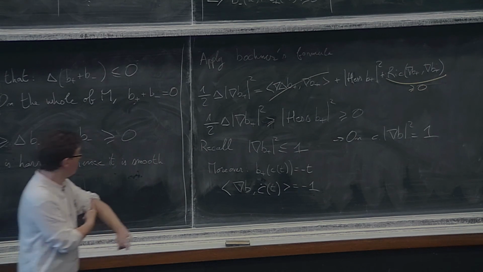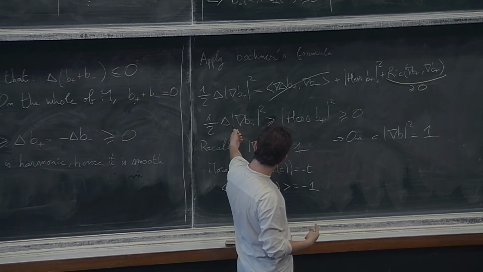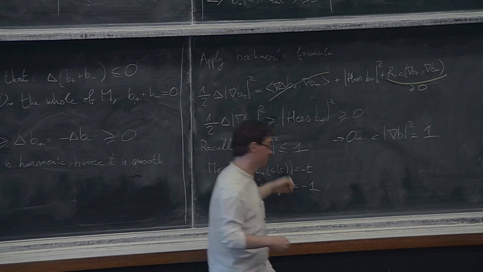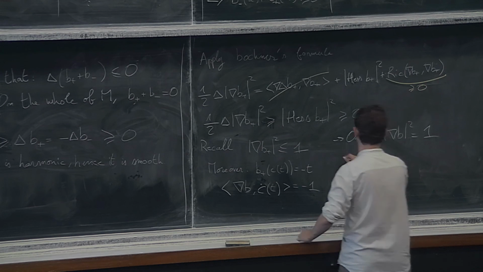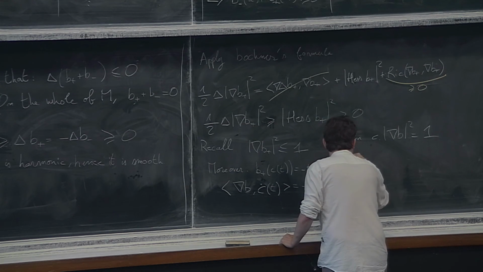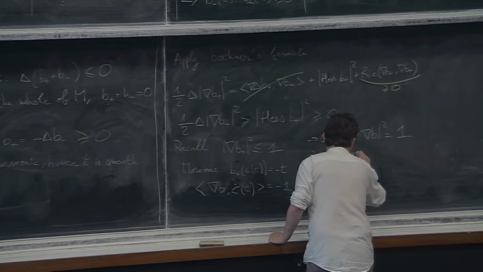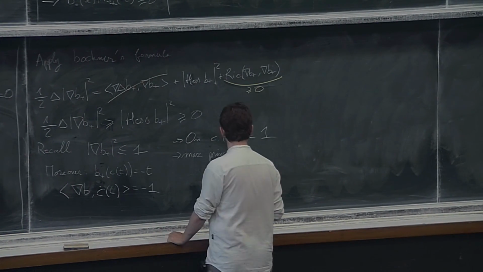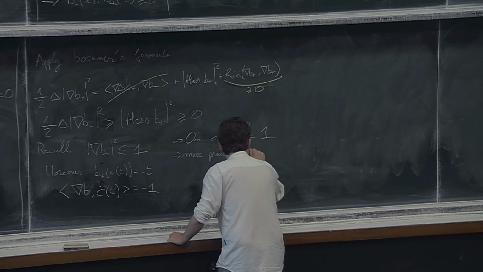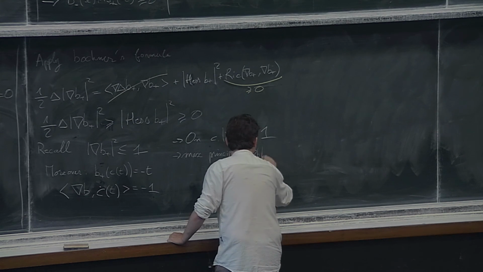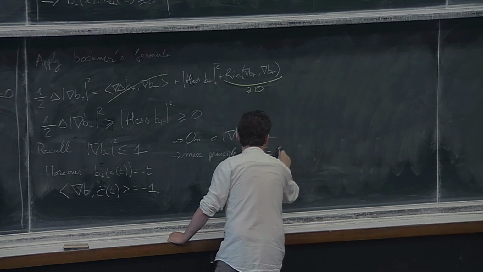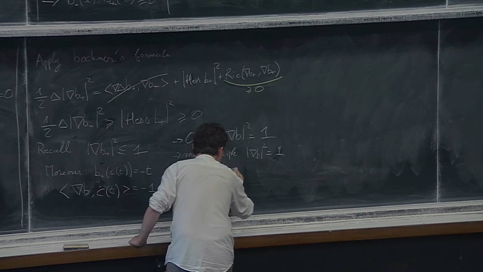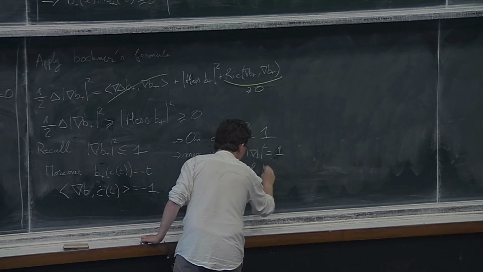Okay? And it's subharmonic. It achieves its maximum, and it's constant. So on c, once again, the maximum principle gives that. So what does it give? That the gradient b squared is equal to 1 on the whole of M.